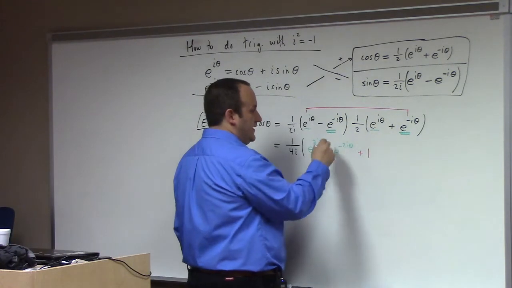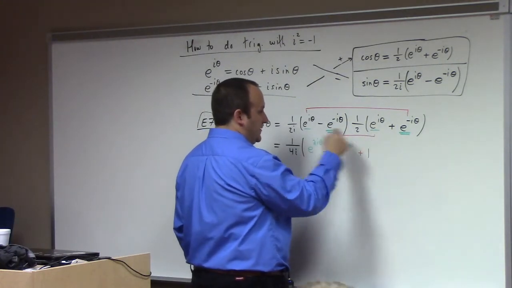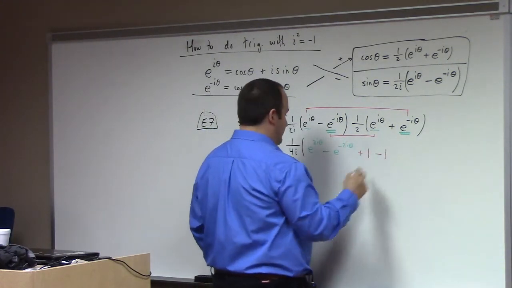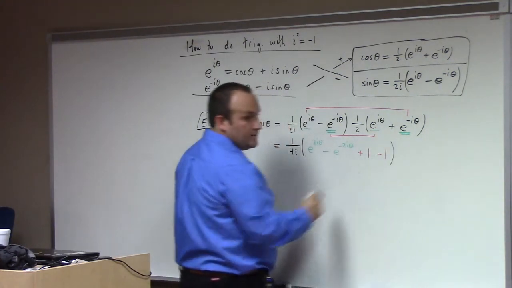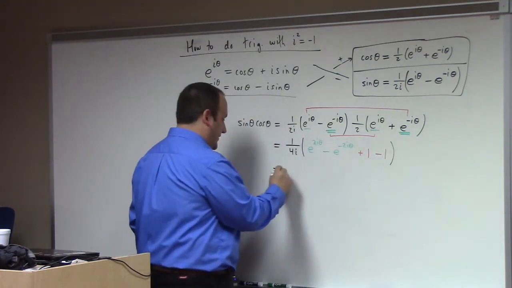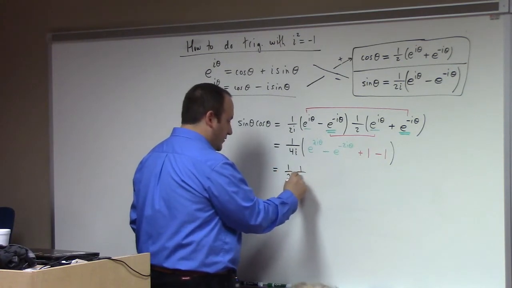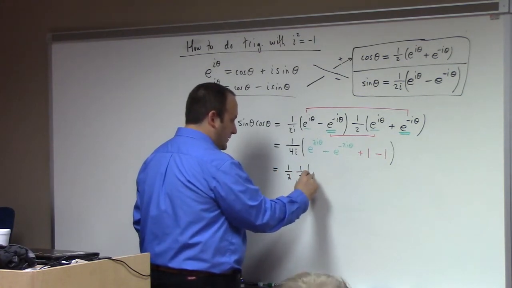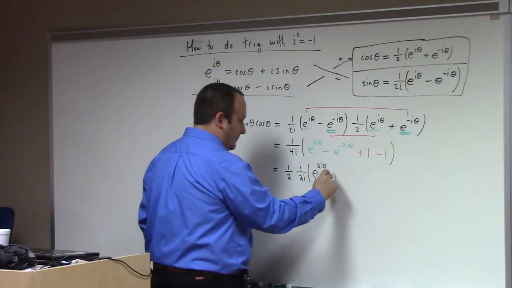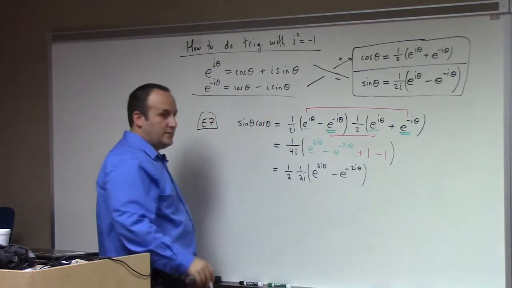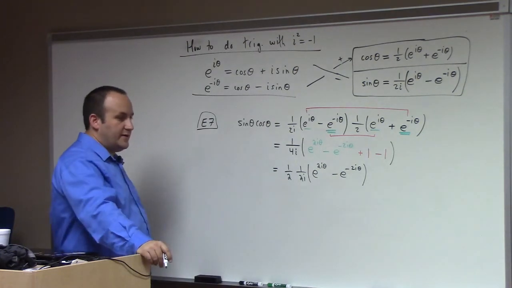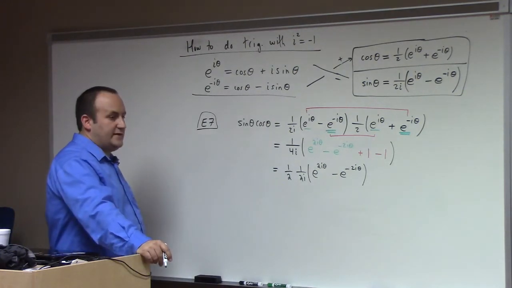And if we look at this plus this times that, I get minus 1, right? So what is that? Well, that's 1/2, 1 over 2i, times e to the 2i theta minus e to the minus 2i theta. Right? But what is that?